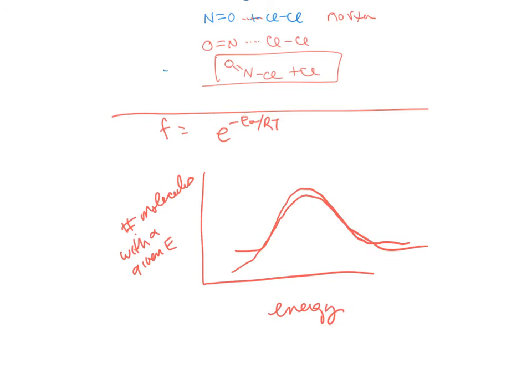All right, now if you change the temperature, so let's say you increase the temperature where T2 is going to be greater than T1, you're going to find the whole curve shifts to the right. This is associated with T2, and this one is associated with T1. So we find that the molecules are moving faster when you increase the temperature.